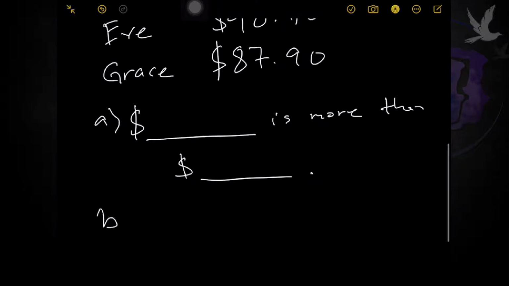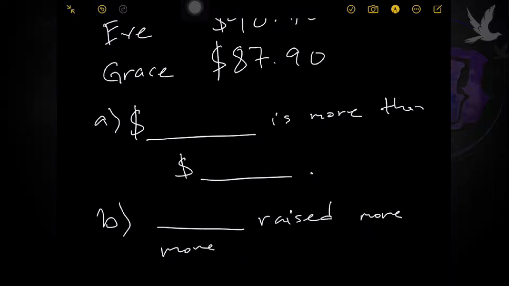And also B, blank raised more money. What do you mean by raised? Ang mas naka-ipon was able to get more in terms of collecting money, or was able to save up nga.